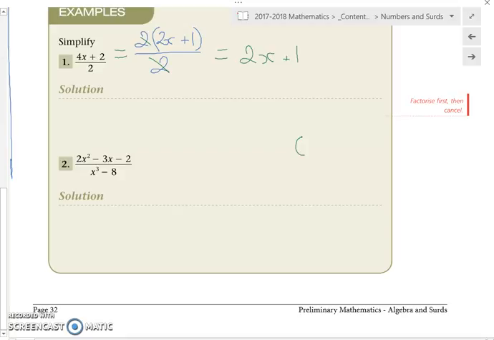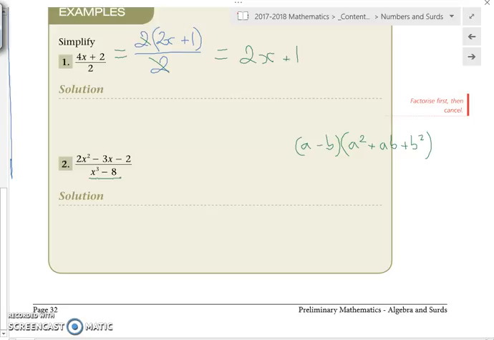What page? 27? Cool. Read out difference of 2 cubes. Excellent, which means we can rewrite the denominator of that in that form, because it's a difference of 2 cubes.